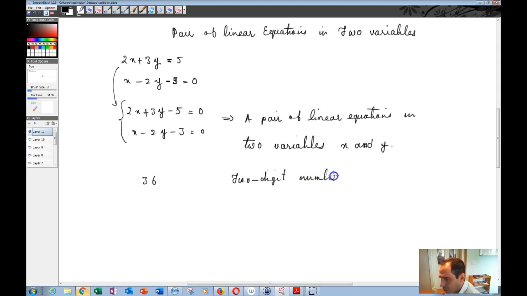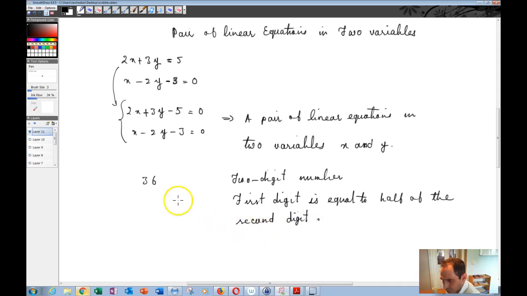There is a two-digit number, and the first digit is equal to half of the second digit, and also the sum of the two digits is equal to 9.